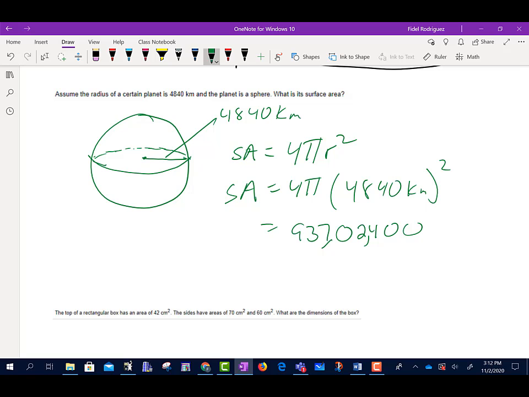I put my comma in the wrong spot. Let me see. Oh, come on, pen. Sorry, guys, my pen is freezing up. There we go. Okay. So 1, 2, 3. Here we go. 93,702,400 pi kilometers squared. And that would be my surface area.